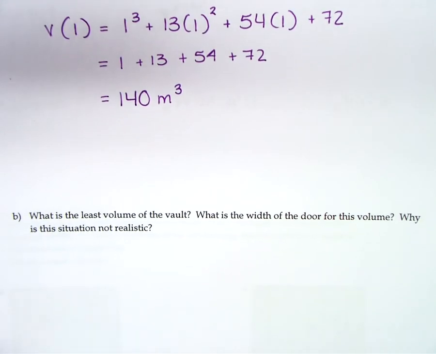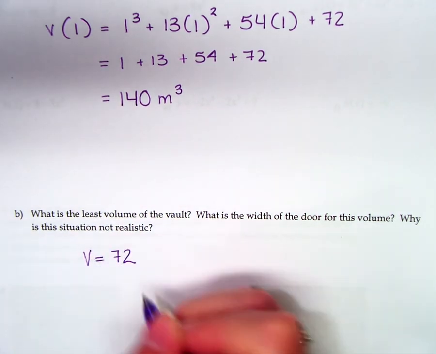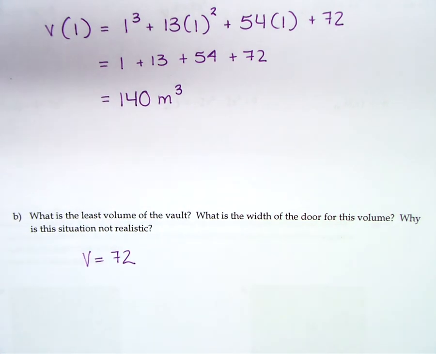Yeah. Okay. What's the least volume of the vault, and what's the width of the door for this volume? Why would this situation not be realistic? It's an odd graph. Do they have them?